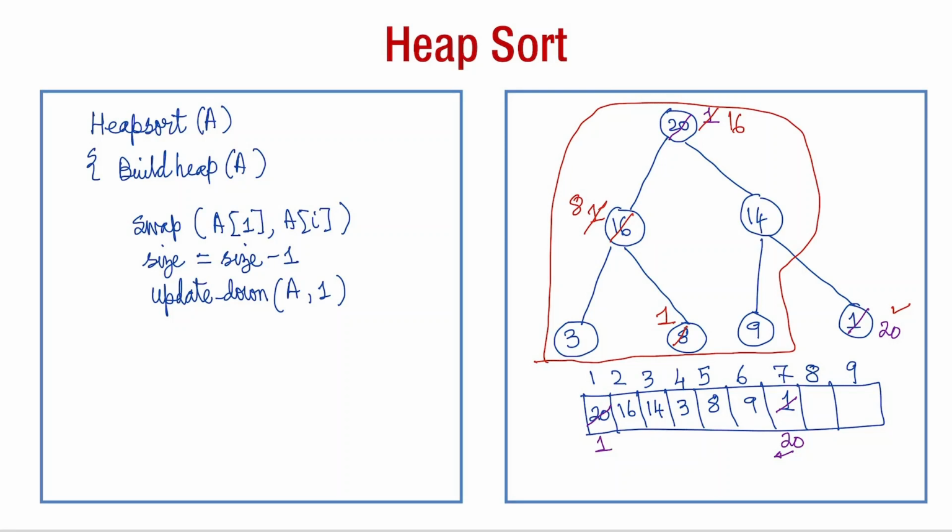Now I repeat the whole process. Now I will remove 16, swap it with 9, the last element, and again decrement size and apply update down. And I will go on doing this till the second element. The last element is not required.